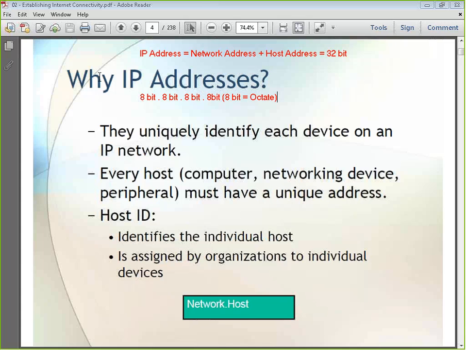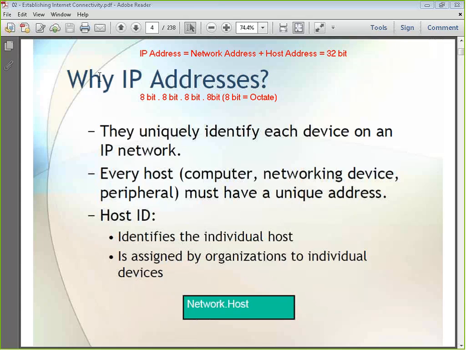So there are 4 different octets, and whenever we talk about an IP address, each of these octets is represented in decimal format. You understand? Rather than being defined in bits, each octet is shown as a decimal number.